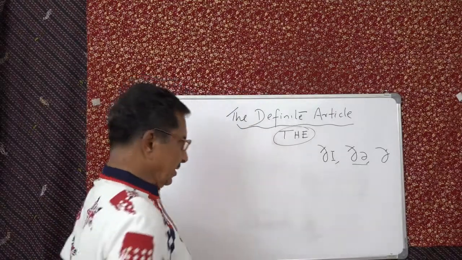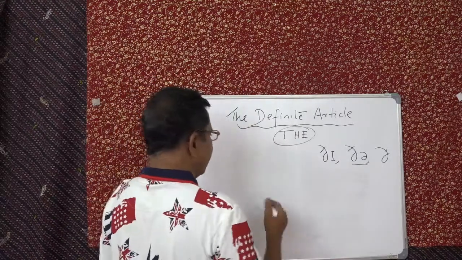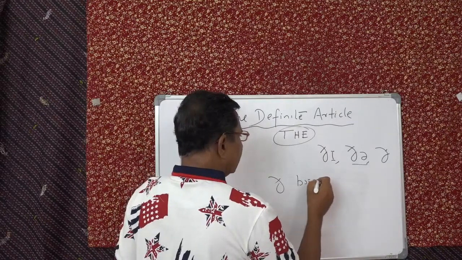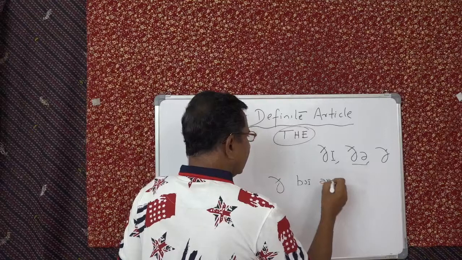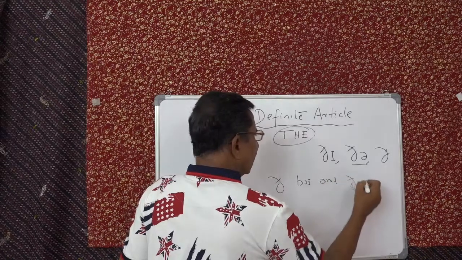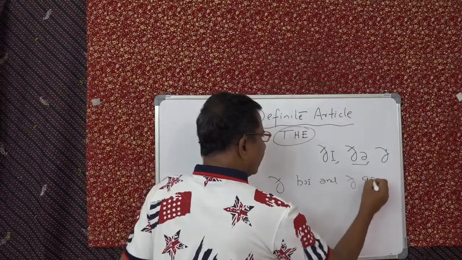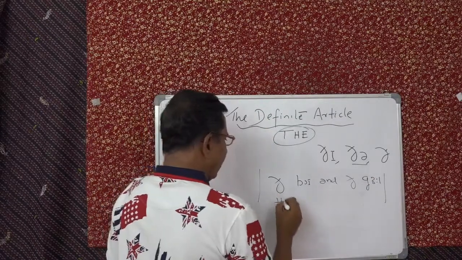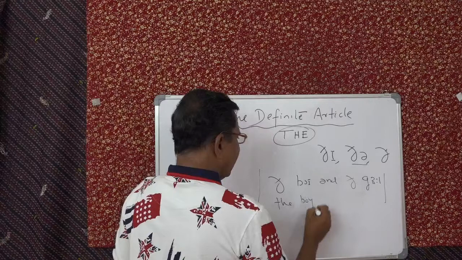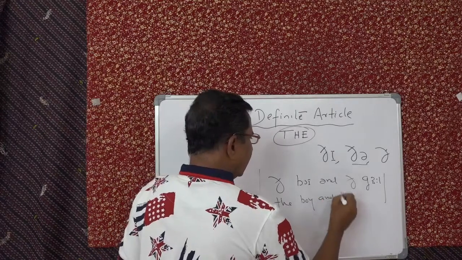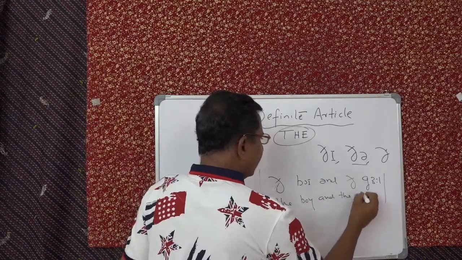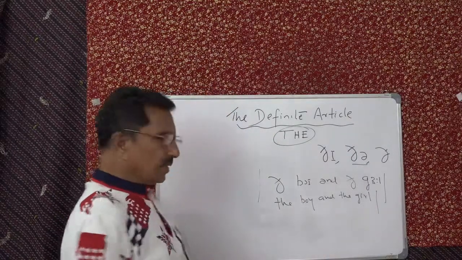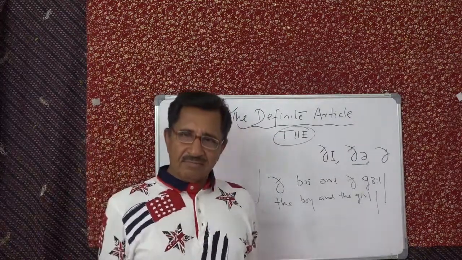You say the boy and the girl. So that will be the pronunciation. See, you are not stressing that. You are saying the boy and the girl.